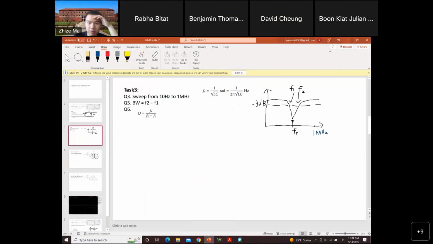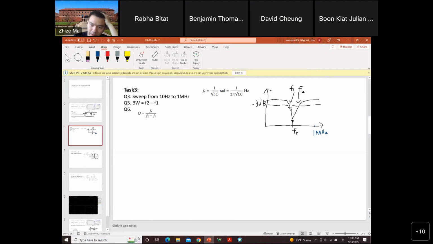After you do the measurement and plot this in the network analyzer, you will see something that looks like this. The x-axis is frequency and the y-axis is magnitude response. As we mentioned, this is a band reject filter, so that's why you see this little dip here.